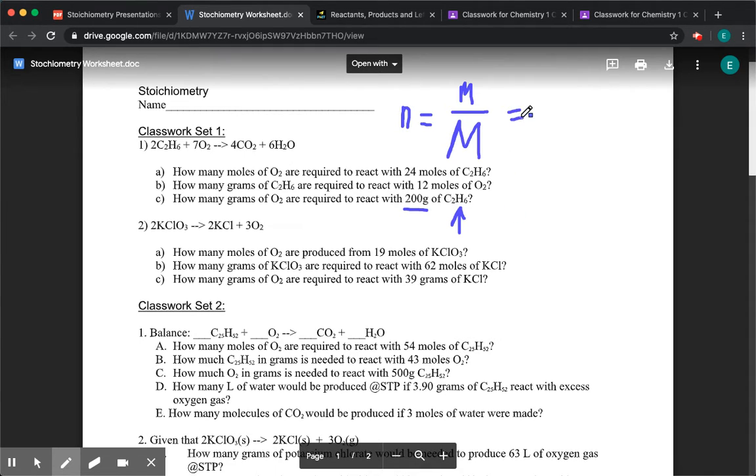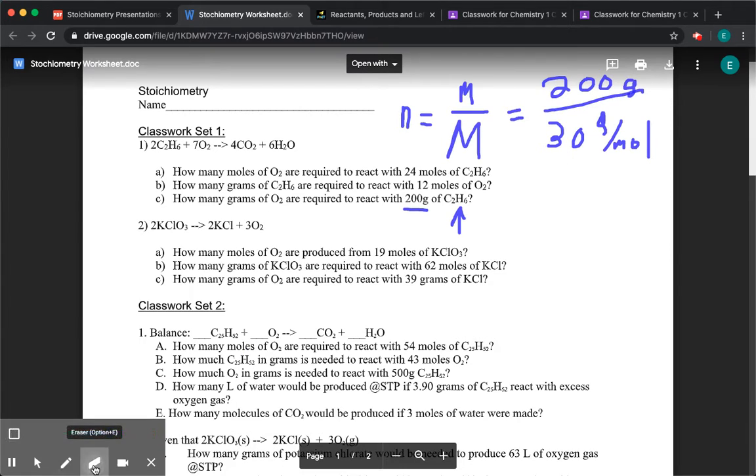So to convert 200 grams to moles, we would do 200 grams divided by the molar mass, with the molar mass being 30. This would be 30 grams per mole. That's the unit for molar mass, remember. So it's 200 divided by 30, which is how many moles we have, and it comes out to be 6.66.